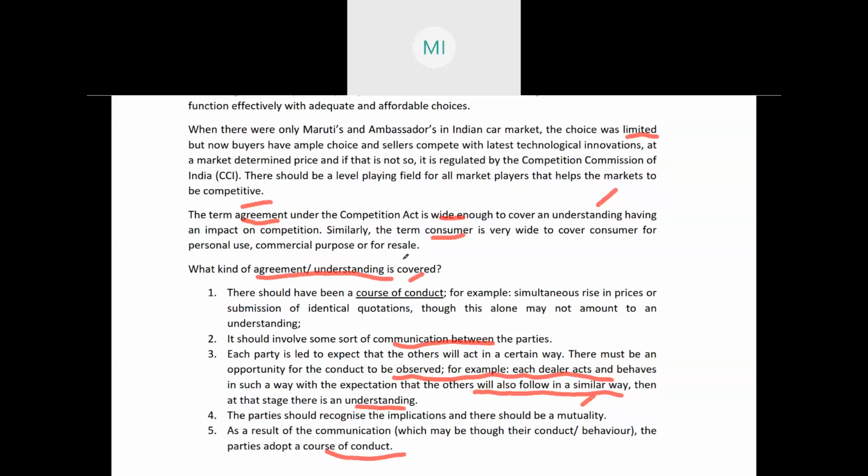So it's not the strict agreement that you see in contract law, which is in writing between the parties, enforceable by law. We need not satisfy all those conditions. We only have to see whether there is a common understanding by which the parties have acted in concert together. As long as that is there, that is an agreement.